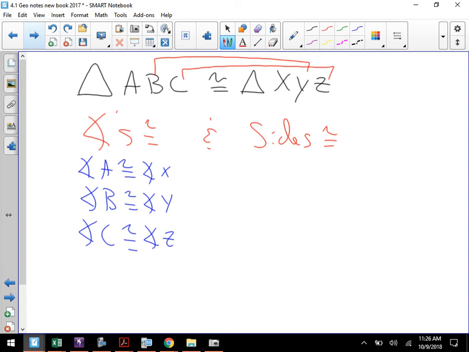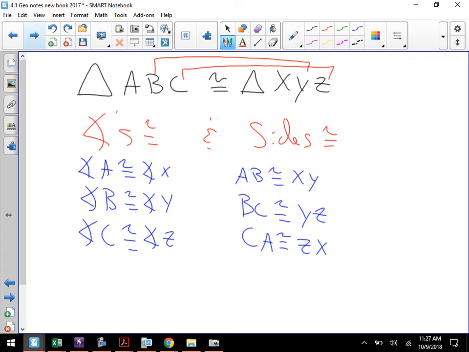That way you can see the direct correspondence to what matches with what. AB has to go with XY, good. BC, YZ, and CA, ZX.